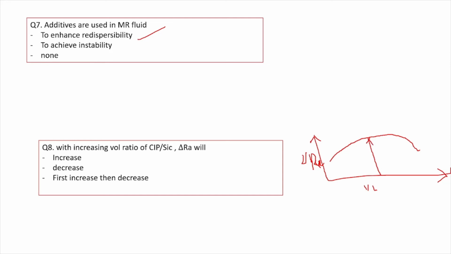But when it reaches the optimal level, it will keep increasing with the volume ratio. After that, the RA value will start decreasing with increasing volume ratio.